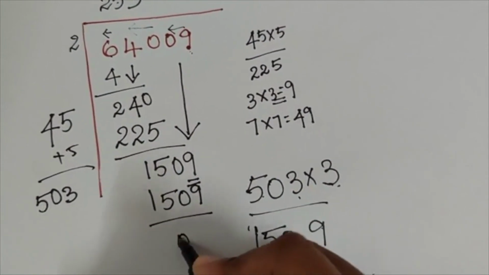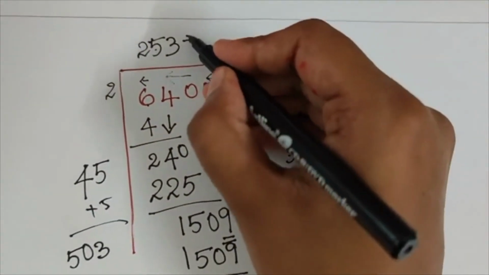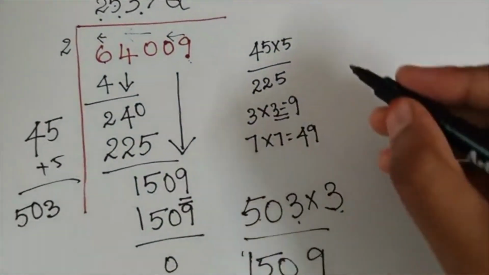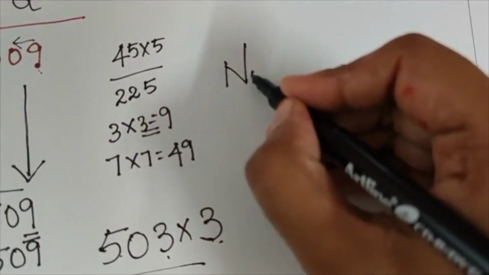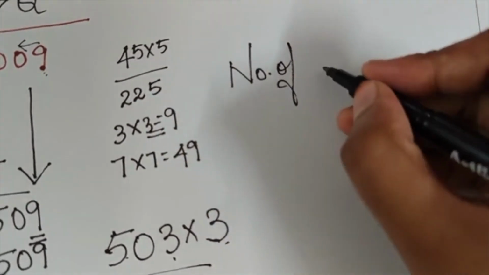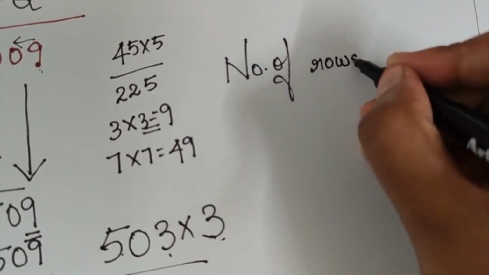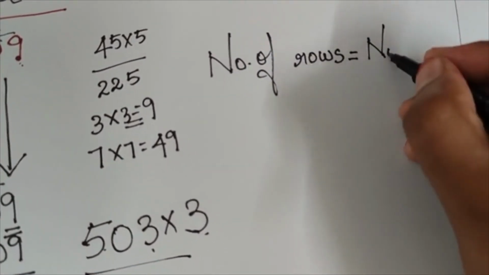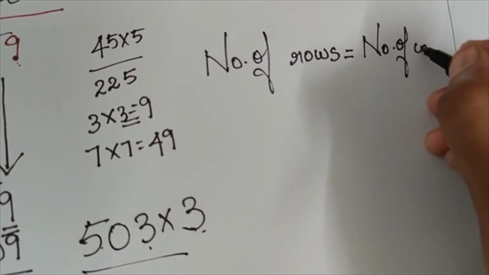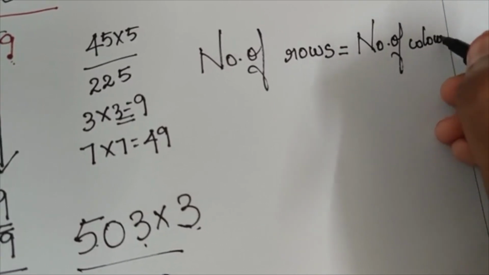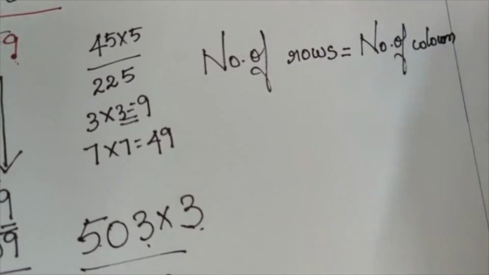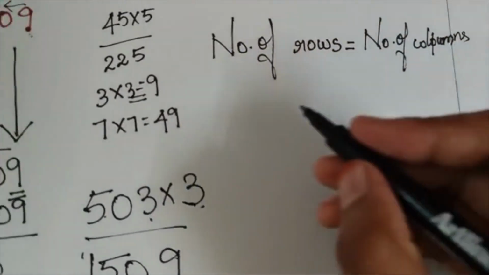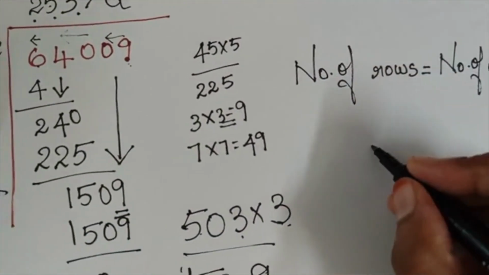1509. Remainder 0. So what is the quotient we got? Quotient is equal to 253. This quotient is nothing but the number of rows or number of columns. So number of rows and number of columns are equal.